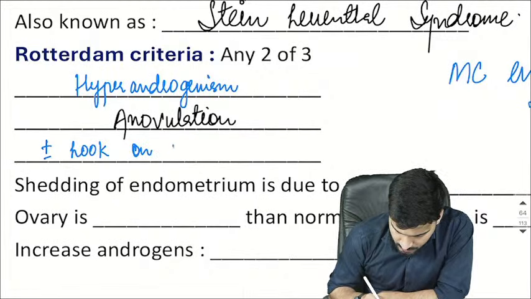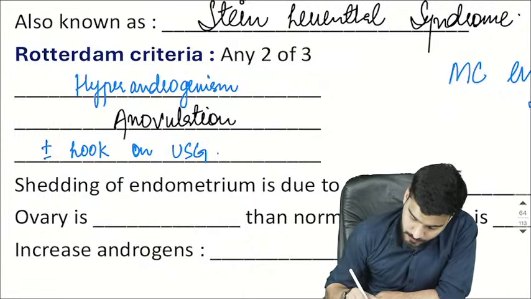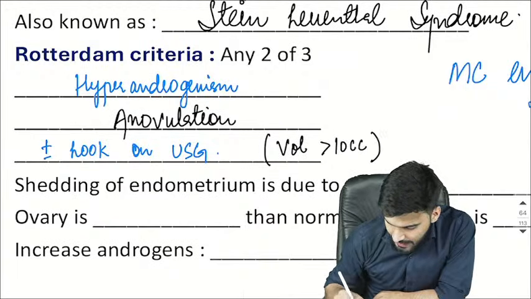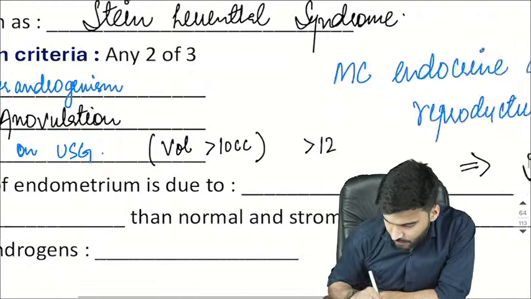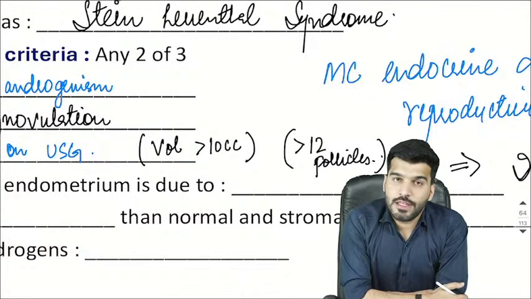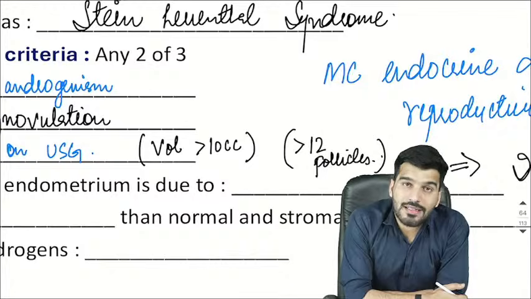On USG, the volume of the ovaries should be more than 10 cc, and there should be more than 12 follicles. Clear to everybody? This is the criteria called the Rotterdam criteria.